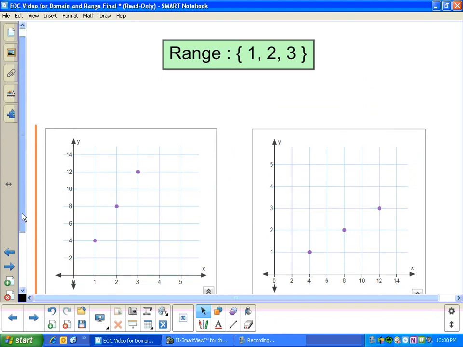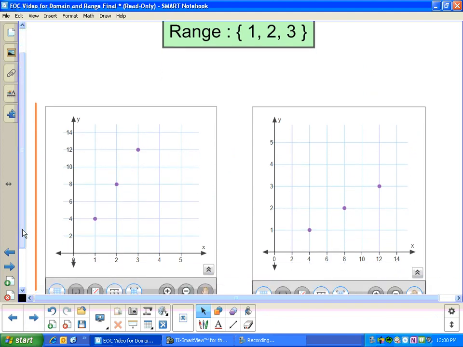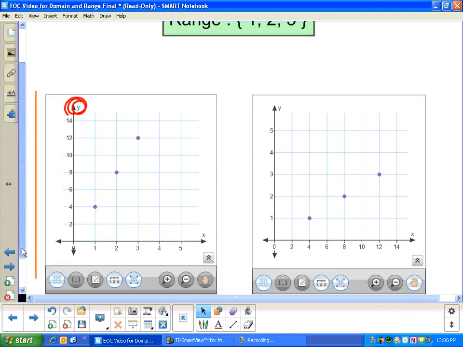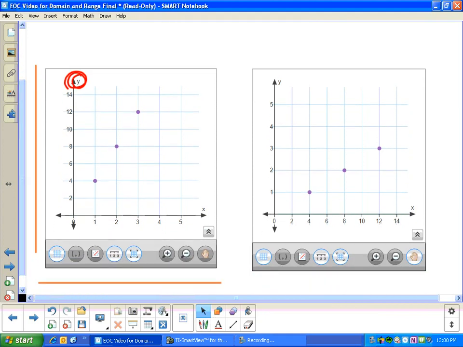Now I'm going to see which of these graphs, which represent functions, have a range of 1, 2, and 3. Now these are discrete graphs. They're just disconnected dots. So I'm looking for the range, which are the y values. So I'm going to use my range finder, which works on the y-axis. So here we go. I'm going to move it up.